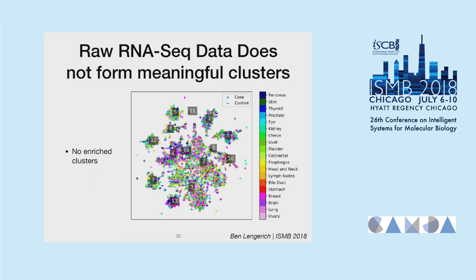Because we learn the models rather than just looking at the highly enriched genes for each sample, we have more structure in the data, and we actually get clusters that are enriched for GO terms. Does that answer your question? Talk offline. Okay, thank you.